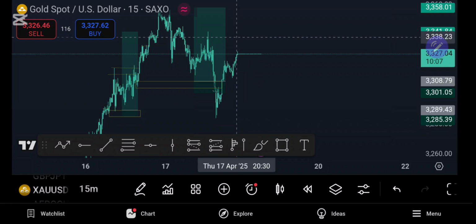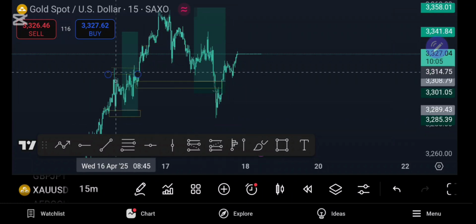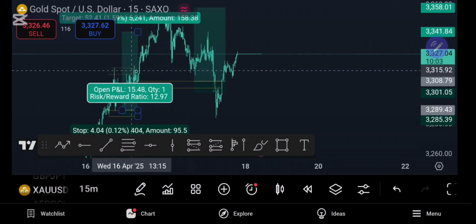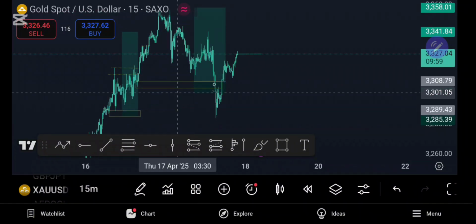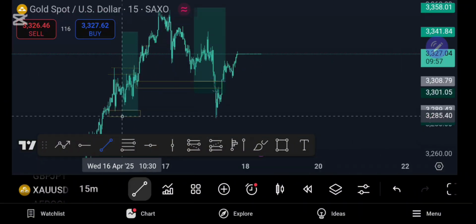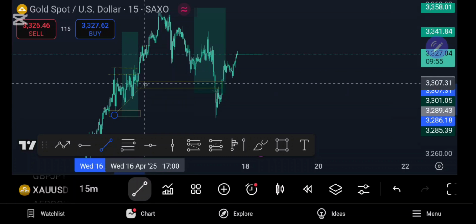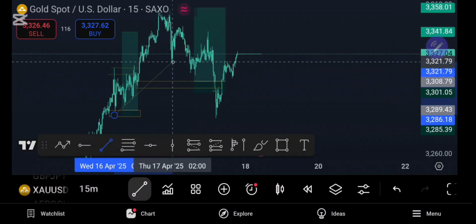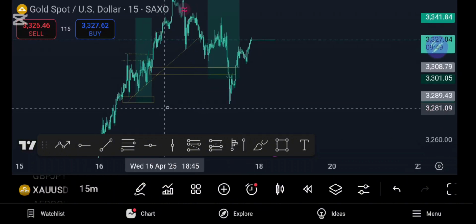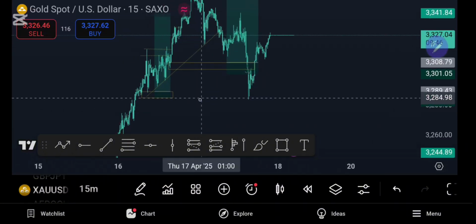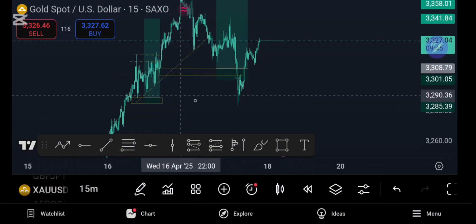You also have to understand that this is a resistance that has been broken, but then there was this trend line. This is the analysis I'm doing post trade, right? After I took the trade, I could understand that there is a trend line here that price had to respect and take me out, right?